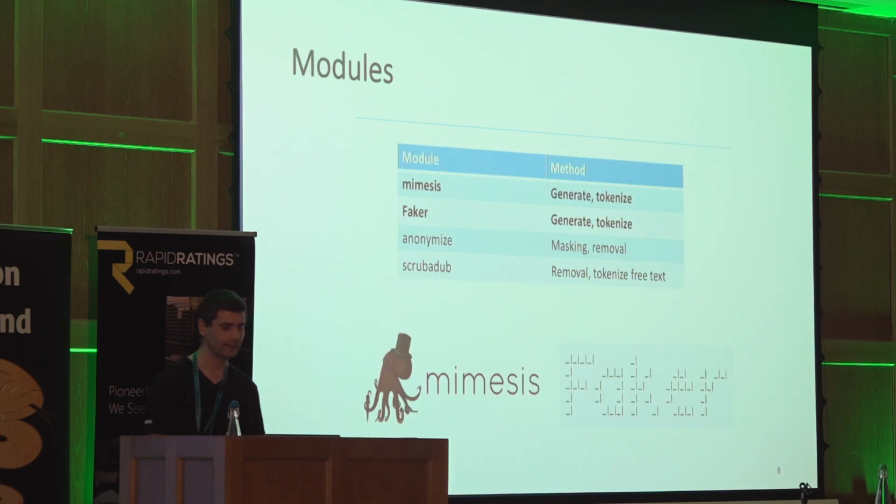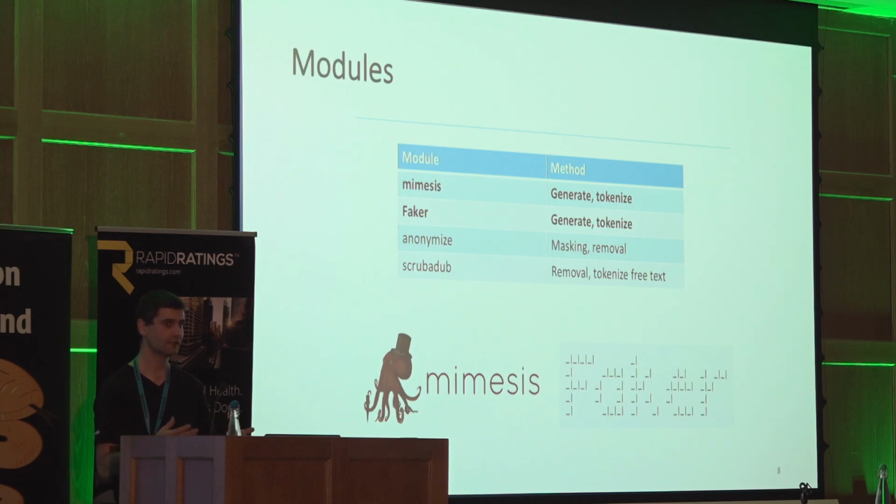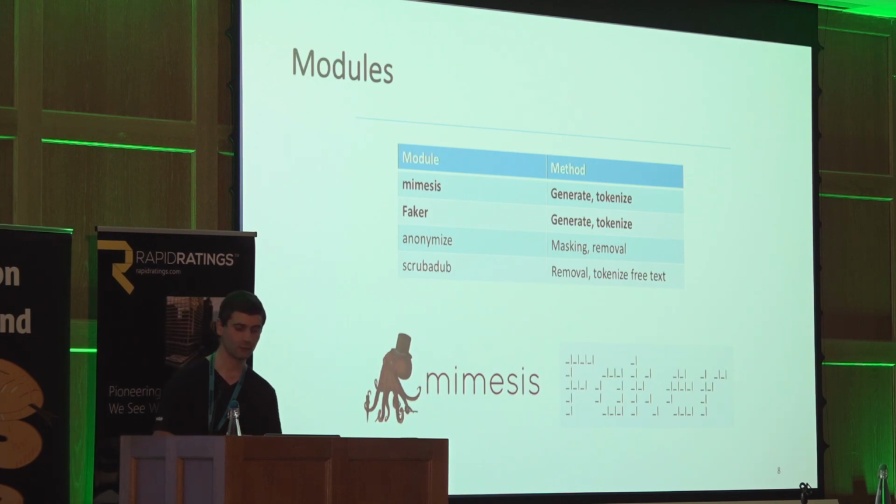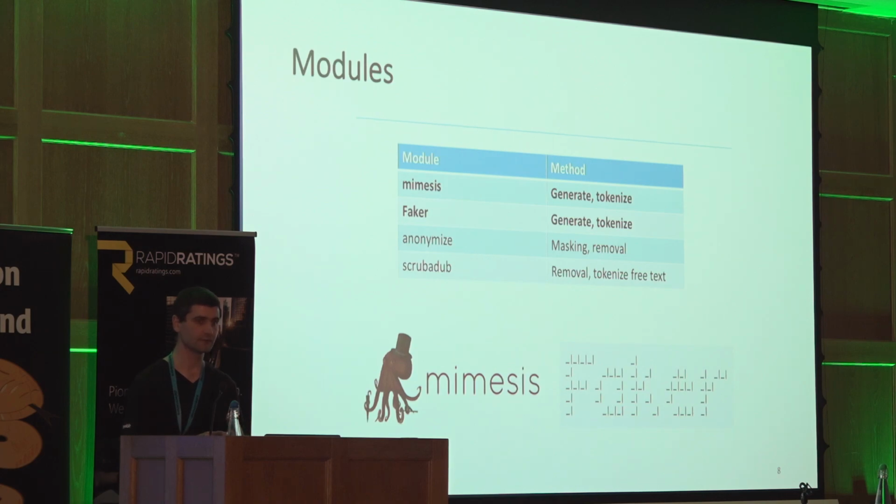The modules that are available for anonymization are mimesis and faker, and also there is an anonymized module and a scrub-adobe. We will focus mainly on mimesis and faker because they provide most features.